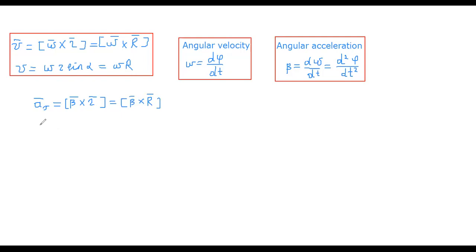And in scalar form, it will be like this: beta r sine alpha, and it is equal to beta r.